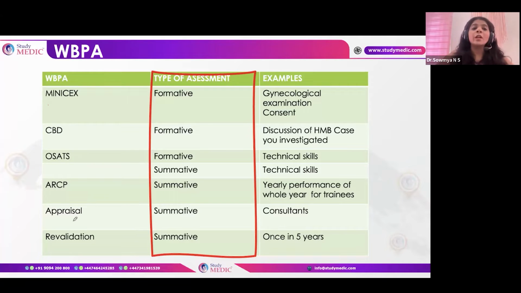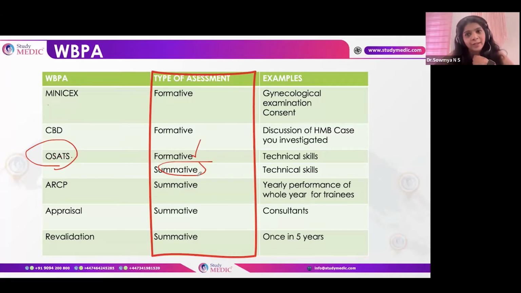That is what you would be doing in OSATs. OSATs is objective structured assessment of technical skills. Okay, so again, nobody should be given a direct summative, right? It would be a formative assessment first, where you learn, unlearn, and become someone who knows exactly how to do each procedure from skin to skin.